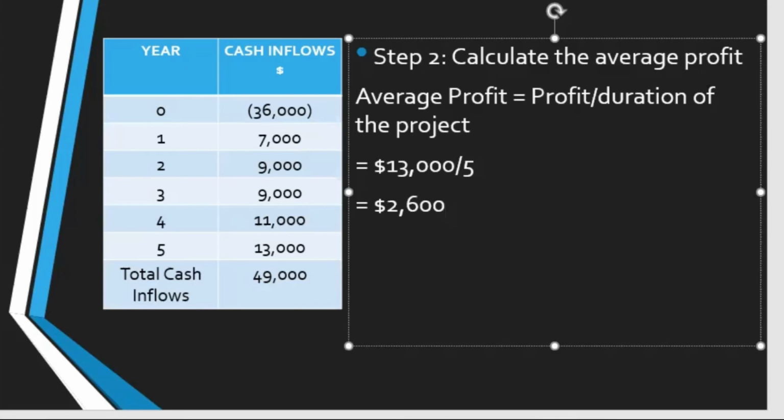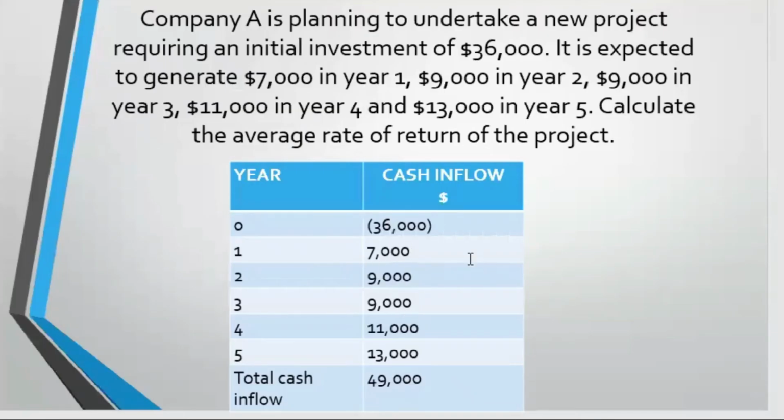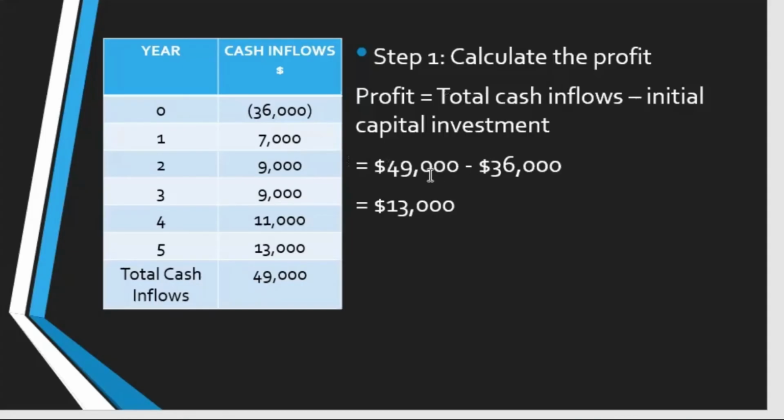All right, so we're getting closer, right? So remember, first of all, you need to find out what the total cash inflow is. When you have calculated that, now you need to calculate the profit. The profit will be total cash inflows minus the initial capital investment, and you've gotten the $13,000.